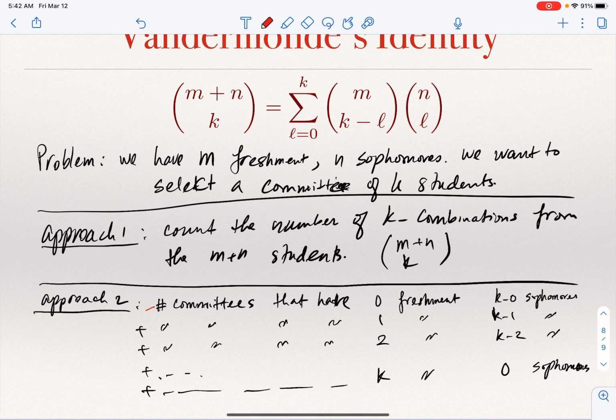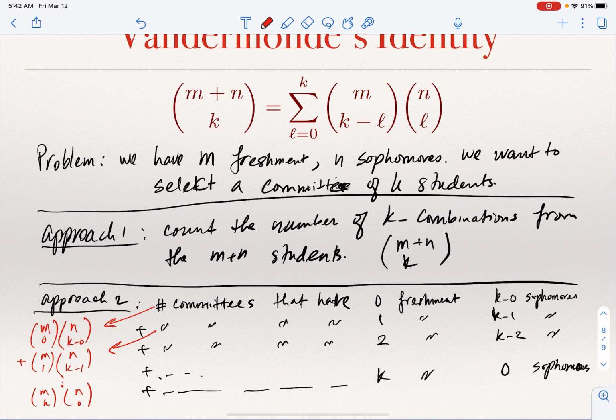The number of committees that have 0 freshmen and k minus 0 sophomores: if I take m to be the freshmen, it is m choose 0 freshmen, and from the n we want to choose the k minus 0. For the second one, we want to choose 1 freshman and k minus 1 sophomores, and so on. At the end, we want to choose k freshmen and n choose 0 sophomores. And it's the sum of these terms, which is the term that's written on the right-hand side there.